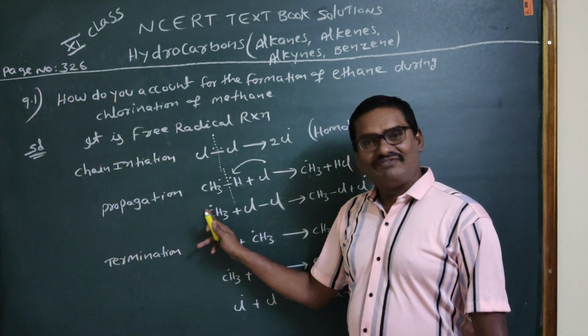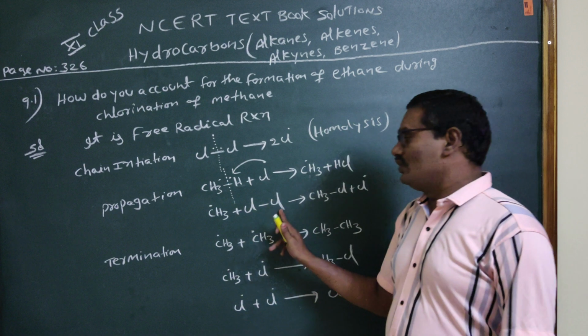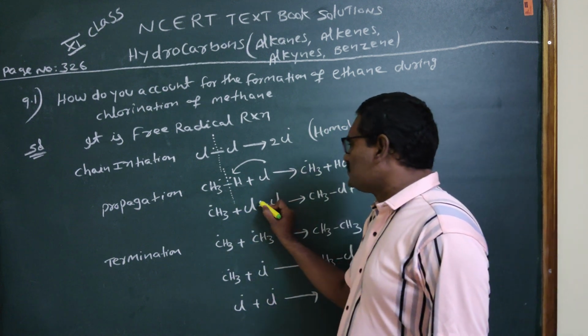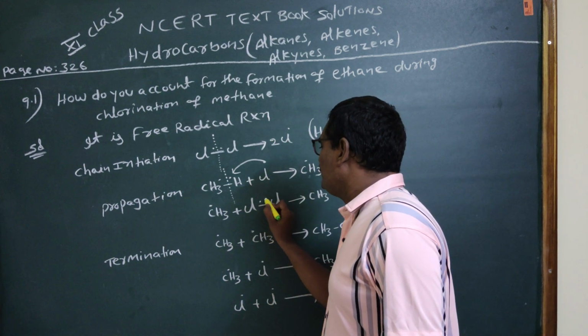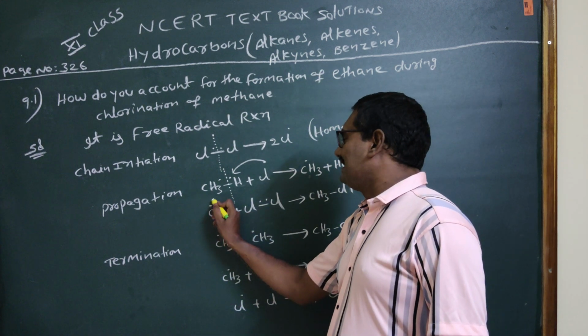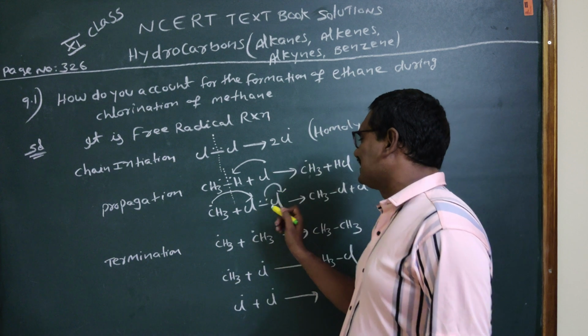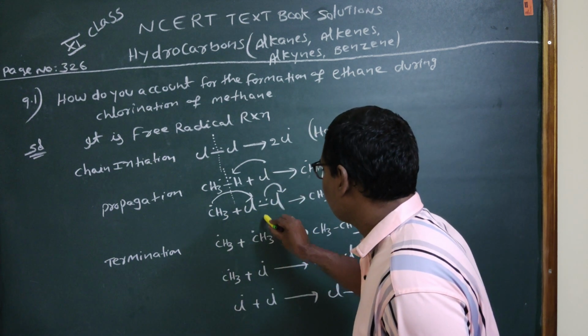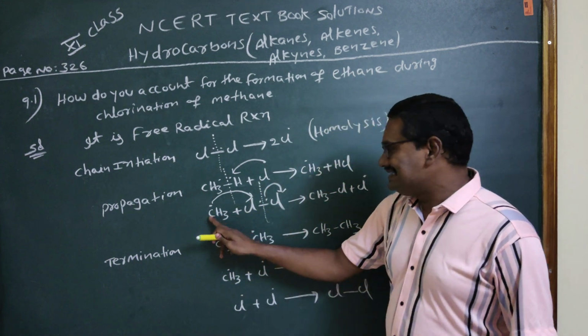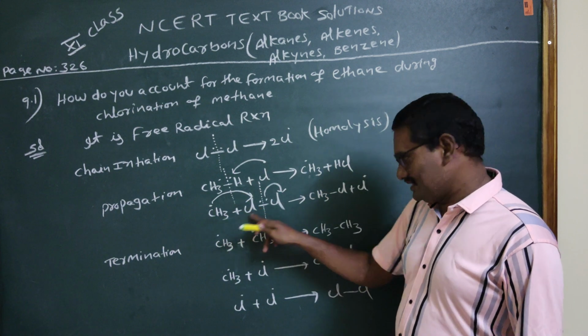Again this CH3 free radical reacts with chlorine. A bond means two electrons, so this electron comes to this electron and the bond is broken here. Then CH3Cl is obtained along with a chlorine free radical.